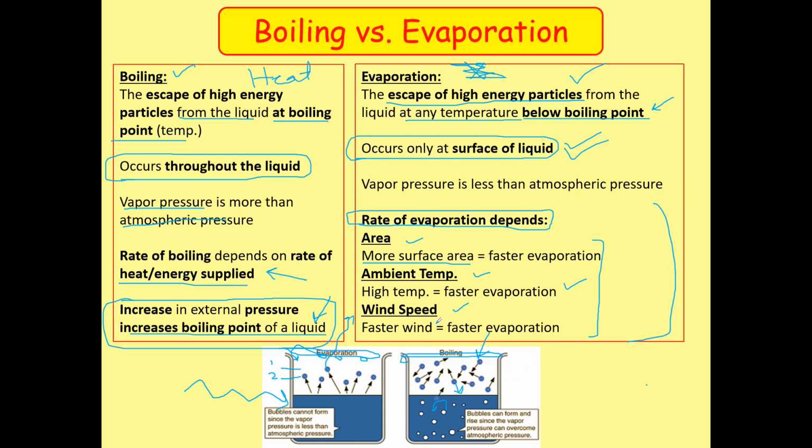Now third, wind speed. Let's say I have a room in which I have two beakers. Now I'm not going to spill the beakers, I'm just going to keep both the beakers intact. They are at the same conditions. The ambient temperature of the room is the same, except now I'm going to take the other beaker into another room, which is at the same conditions, except in the other room I turn on the fan, right?